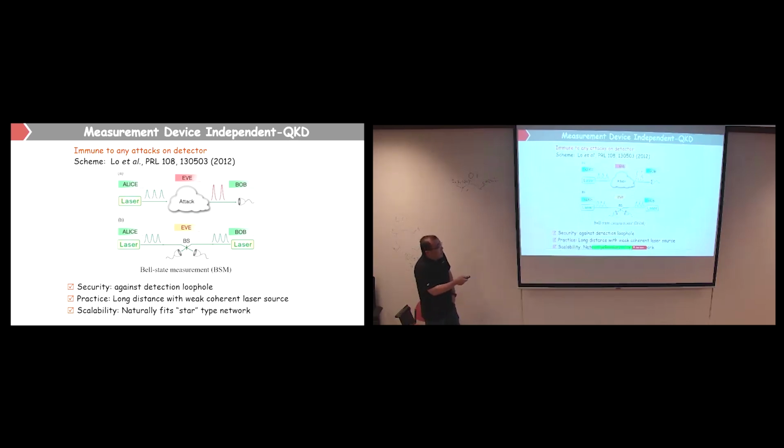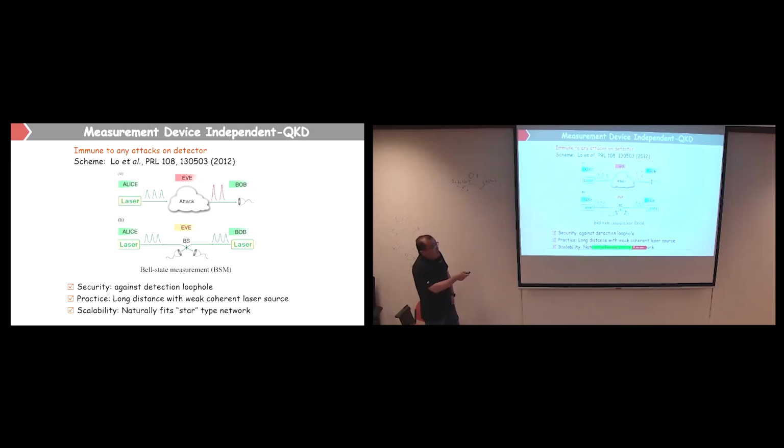As long as you have very high efficiency and good visibility, you can tell it's secure against attacks. Even if the eavesdropper controls the station, he can only know the correlation between the two quantum signals, but he can't tell the exact state from Alice or from Bob.